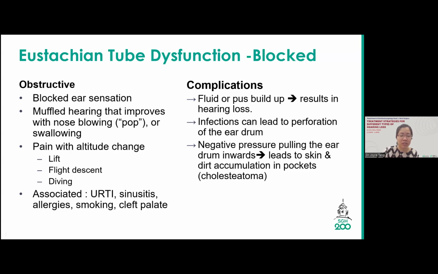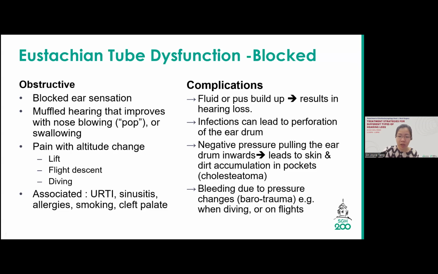Not to worry, I have more slides on this later. And of course, lastly, if there is a sudden change and you're unable to stop the pressure change, you might get blood inside your middle ear from what we call barotrauma, trauma or injury due to changes in pressure.